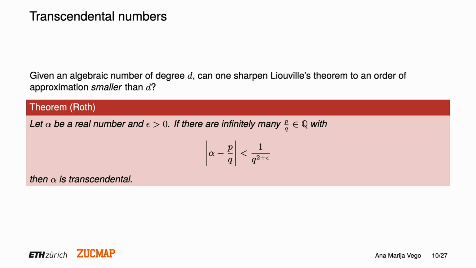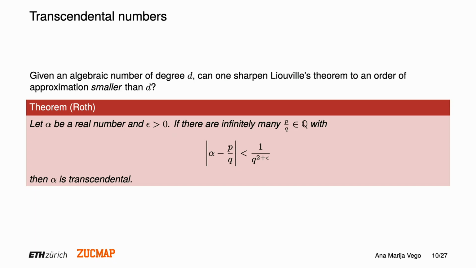So we have seen this theorem by Liouville, which gives us a bound from above which has degree d. And we can ask, can we maybe sharpen Liouville's theorem to an order of approximation smaller than d? And it turns out that we can. Roth gave an answer to that question. He also received the Fields Medal, I think, in 1958 for his work.